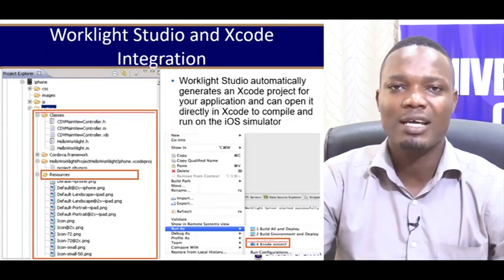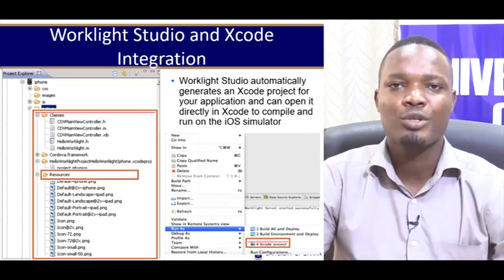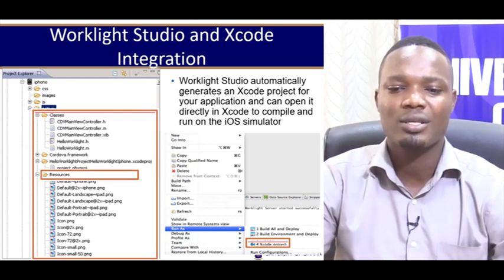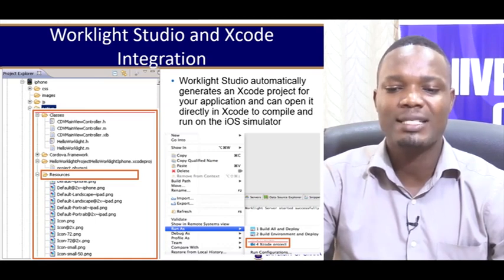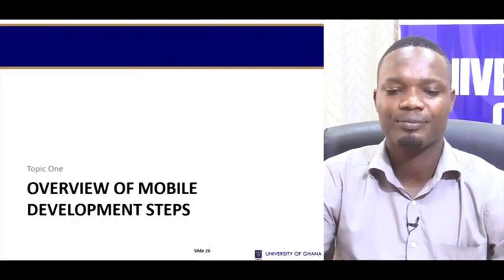After you are done with that, we will want to launch our Worklight Studio and look at how it integrates with Xcode. Worklight Studio automatically generates an Xcode project for your application, and you can open it directly in Xcode to compile and run on an iOS simulator.